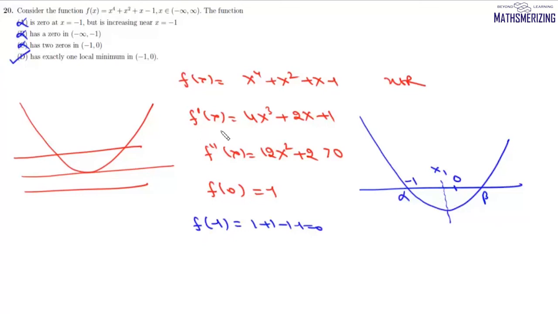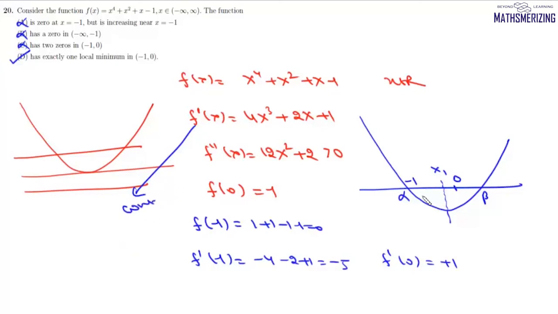Now if we look at f dash x, then f dash of minus 1 will be -4 -2 plus 1, which is -5, and f dash of 0 will be +1. Now since f dash x is continuous, there will be a point between -1 and 0 at which f dash is 0, and suppose that point is x1.